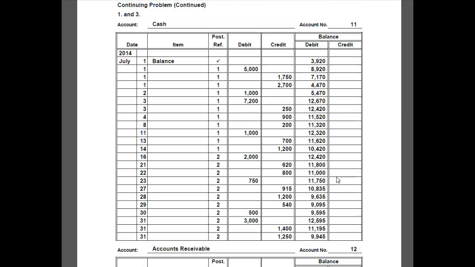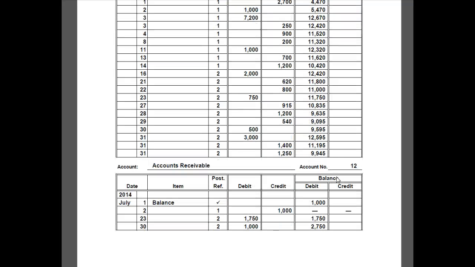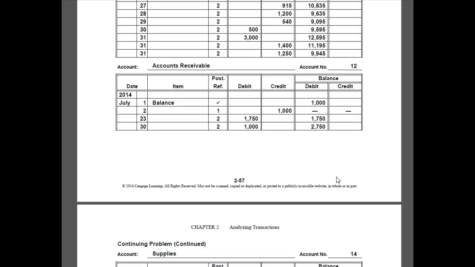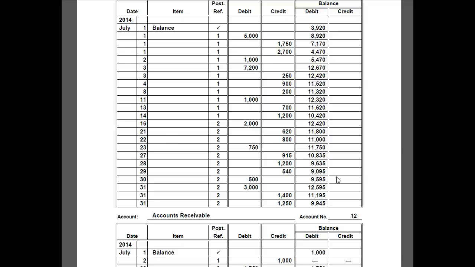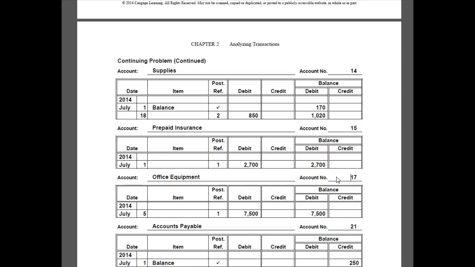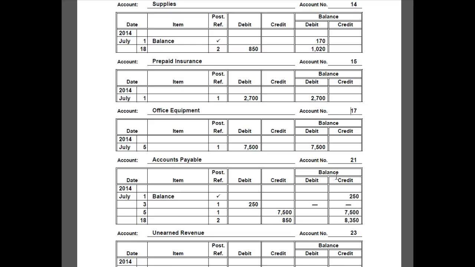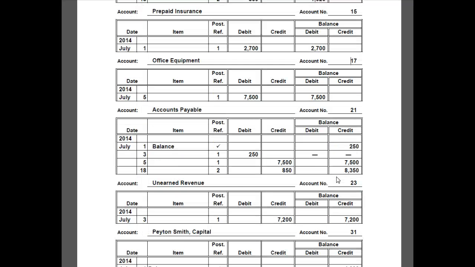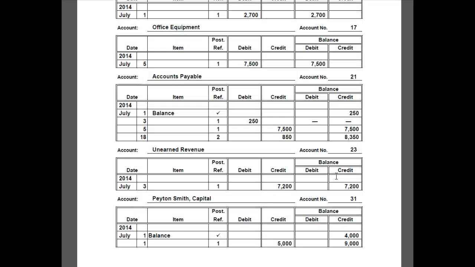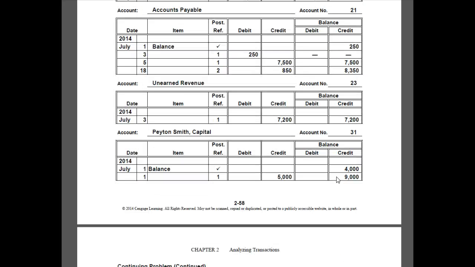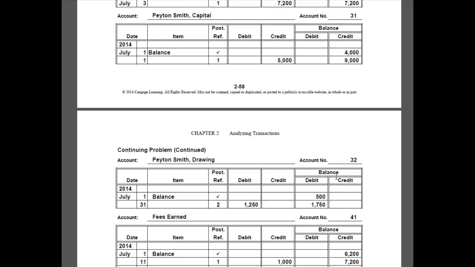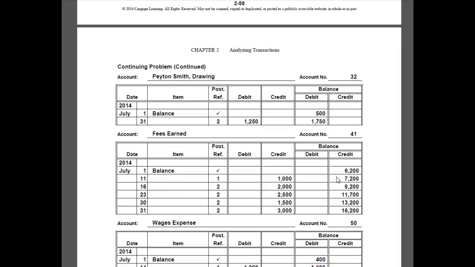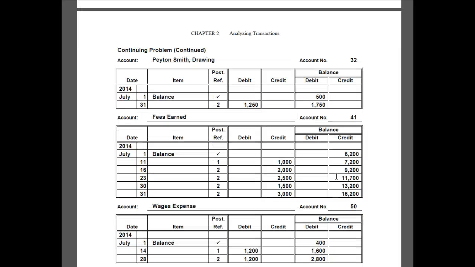Post reference in this case looks to be, I'm not sure what they're using for the post reference, the date possibly. So if you keep coming down, you'll see how each account lays out as you do this. And as I said, I won't make you dizzy by scrolling through all of these.